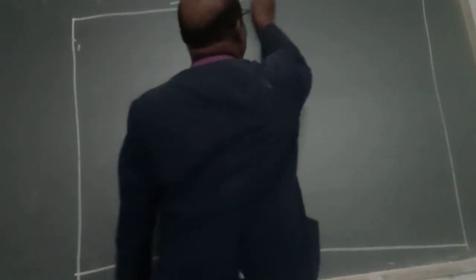Draw a straight line, and here your box. This way, the box is made. First, you make the box.